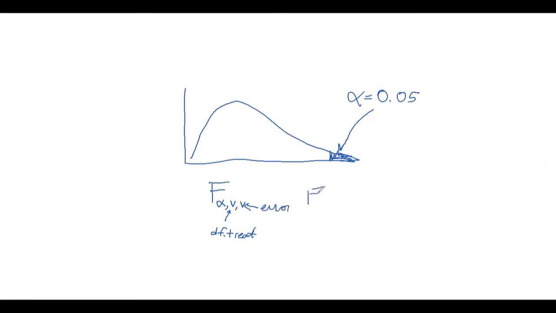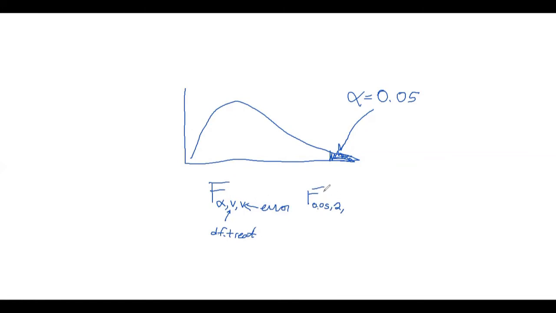So in our example, if you remember, we're going to say 0.05, because that's pretty standard. We had 3 groups, so we have 2 degrees of freedom for our treatment. And our error was n minus k.